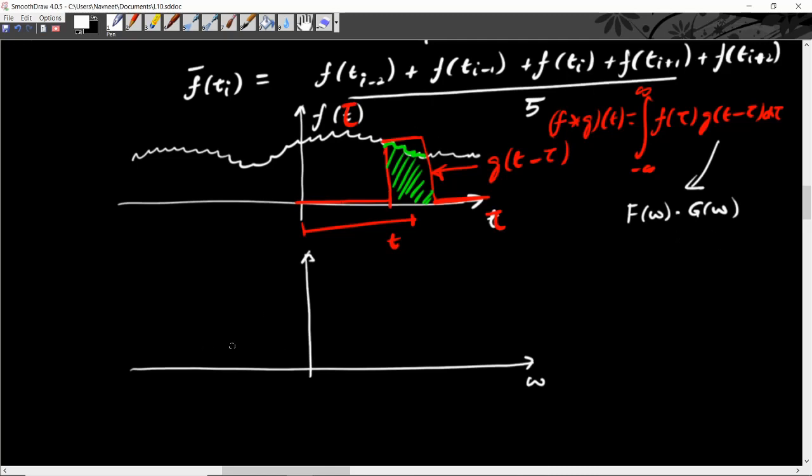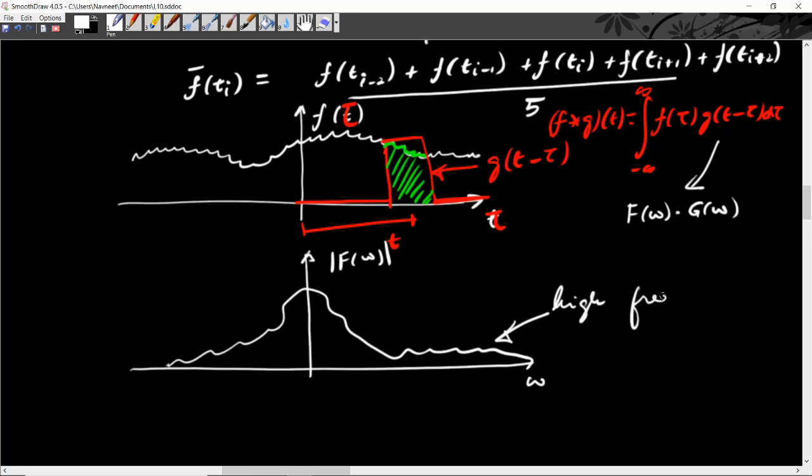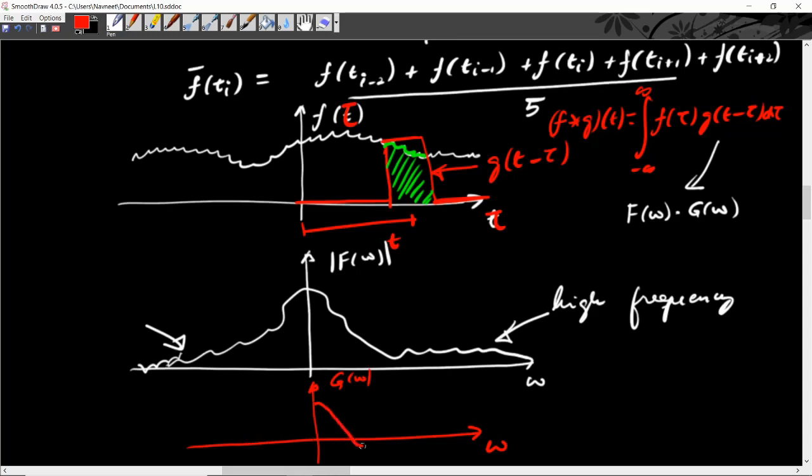So let's say again that the Fourier transform of f has this high frequency noise, and that high frequency noise is also on the left hand side, and we already know that the Fourier transform of a rectangular pulse is a sinc function.